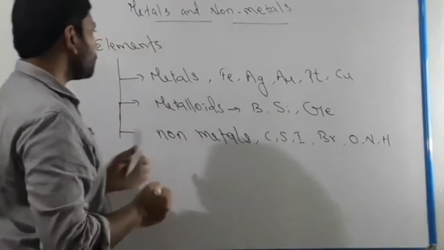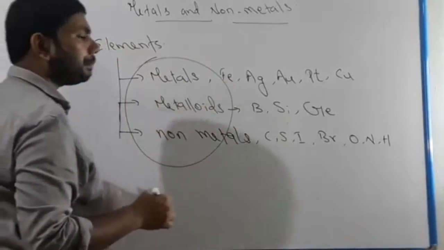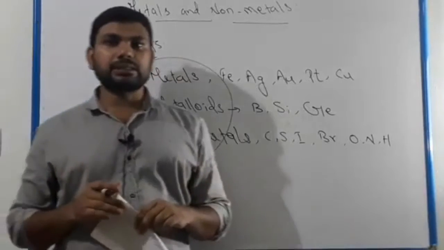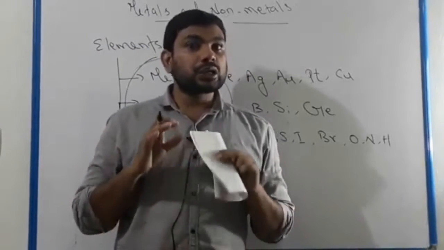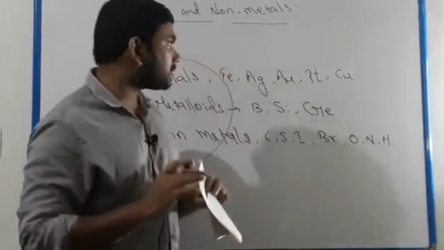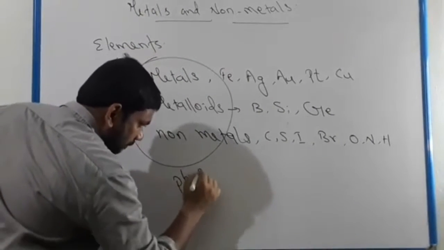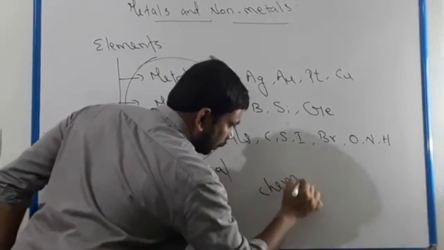So to classify metals, non-metals and metalloids, on what basis are we classifying elements? To classify elements, we consider their physical properties and chemical properties.